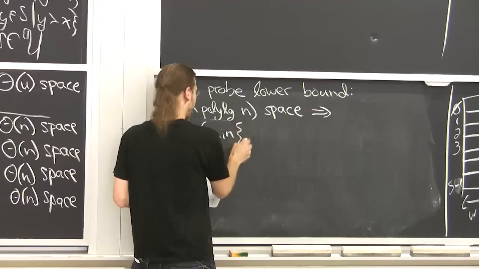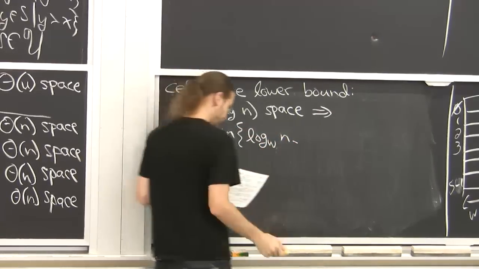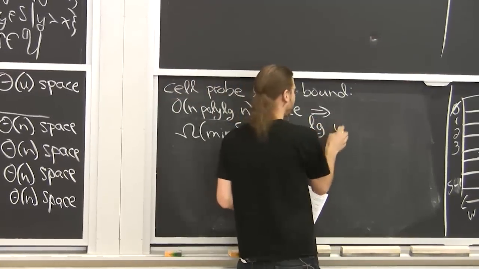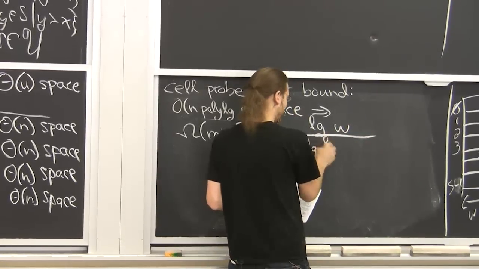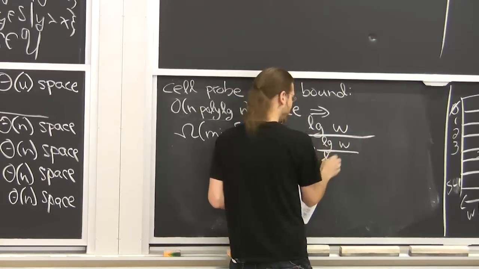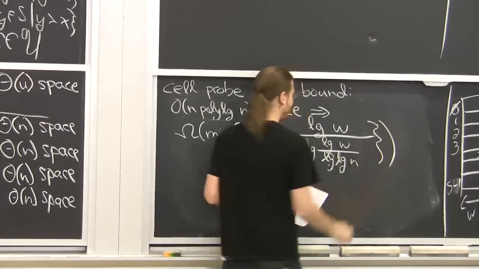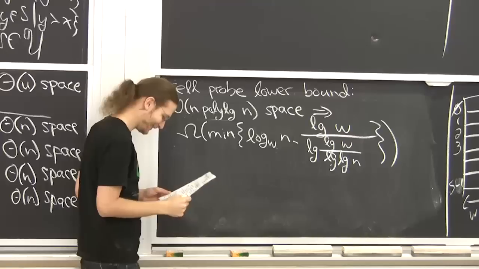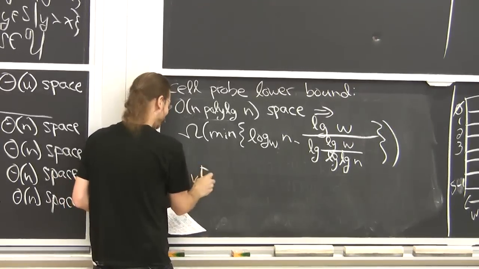there's a bound of the min of two things. Log base W of n, which is fusion trees, and roughly log W, which is van Emde Boas, but it's slightly smaller than that. Yeah, pretty weird. Let me tell you the consequences. A little easier to think about.